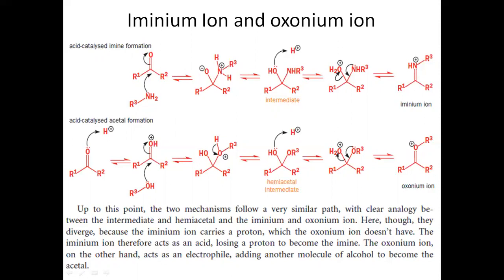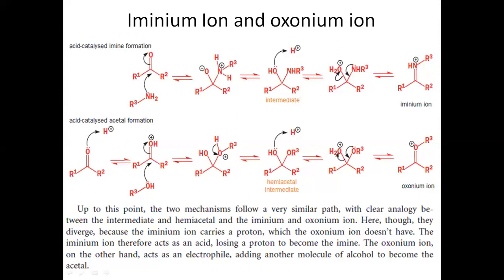In the next step, this hydrogen, the proton H plus, will shift onto this O minus to give you this intermediate. If you remember, this intermediate is typically called a hemiaminal, and from here onwards H plus plays an important role. This is a tetrahedral intermediate which has formed.